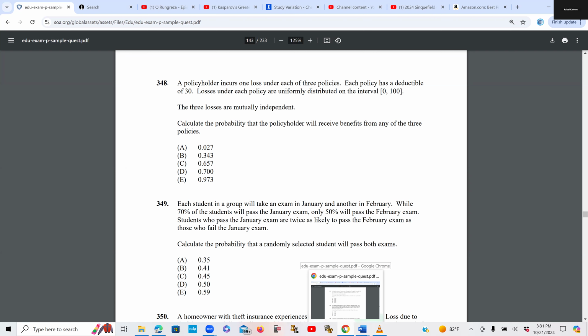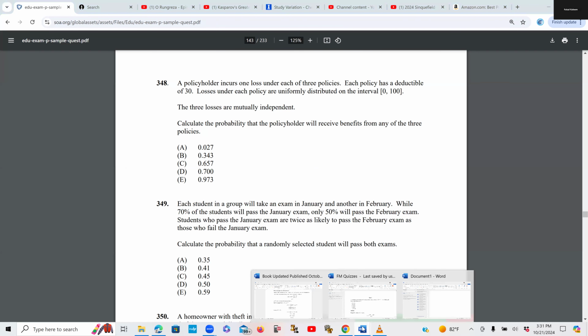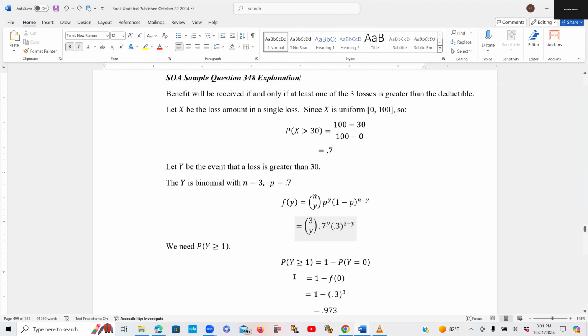So what we have here is three policies going on, and the benefit will be received if and only if at least one of the three losses is greater than the deductible.